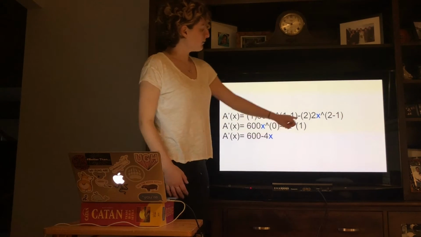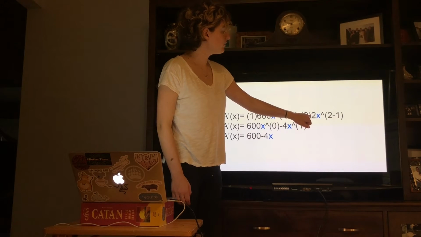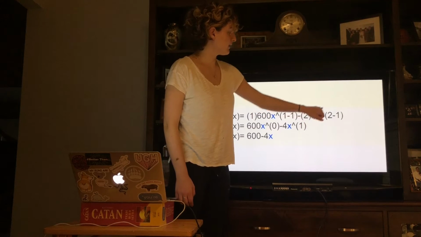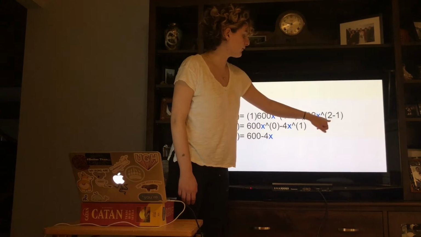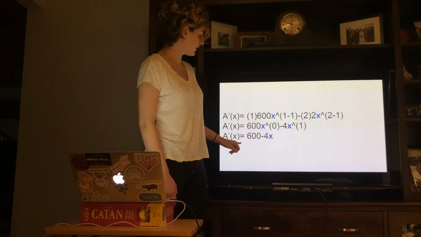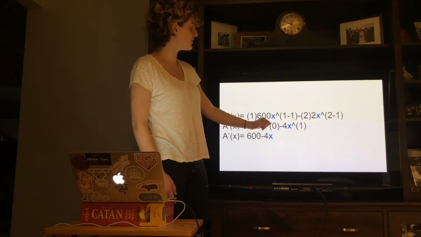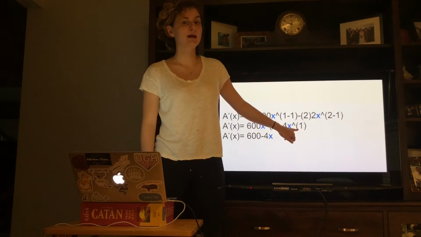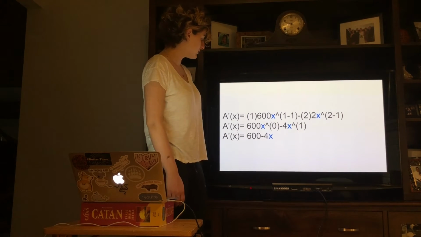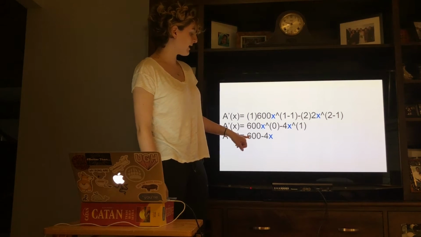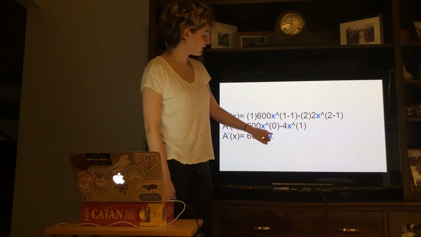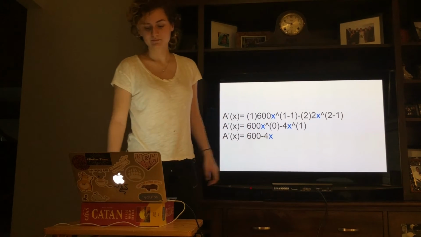And then in the second part, we multiply the 2 by the exponent of 2 that the x had, and subtract 1 from that 2, which gives us 600x to the power of 0 minus 400x to the power of 1, which can then be further simplified to 600, as x to the 0 is equal to 1, minus 4x.